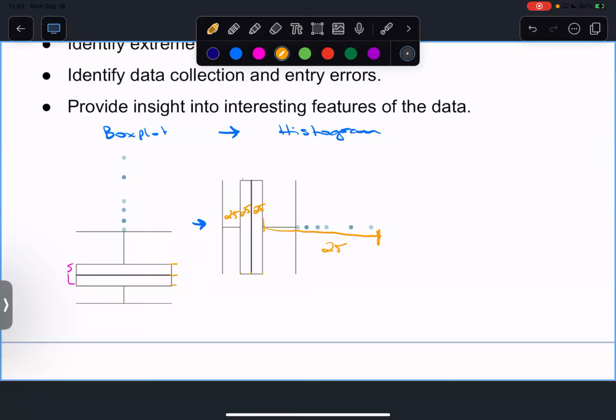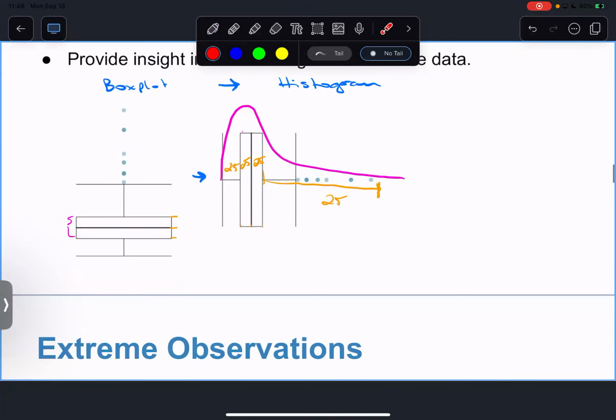So here, if I have to map this out, I'd go like this, because I'm seeing a lot of those data points in that short stretch, which I can show on the histogram by a huge blob. Technical term, yes. But then it takes me a long time to get to these extreme values.